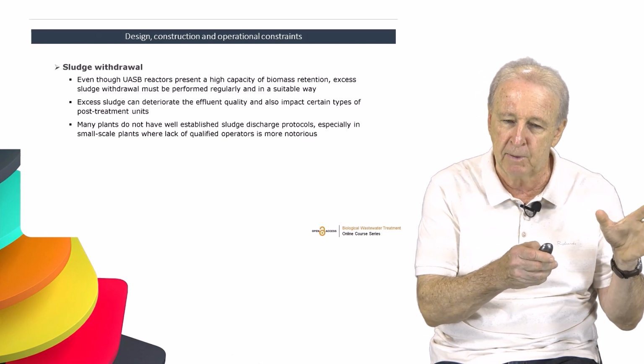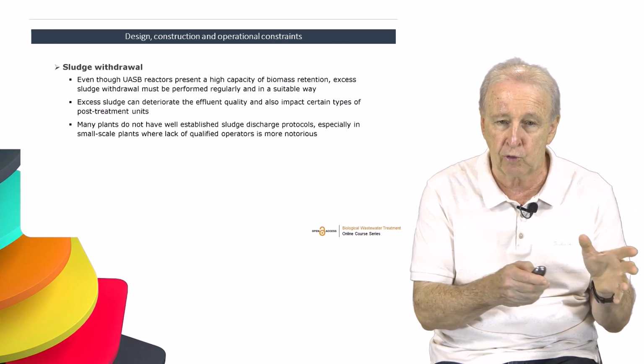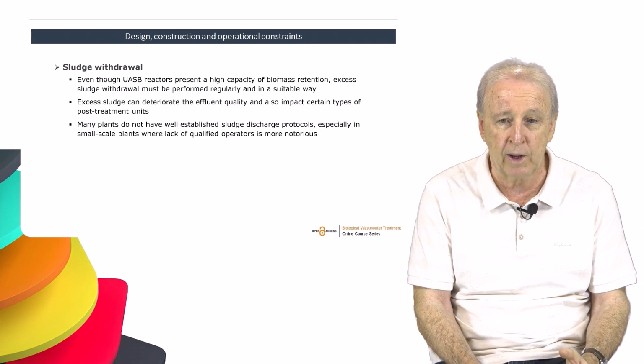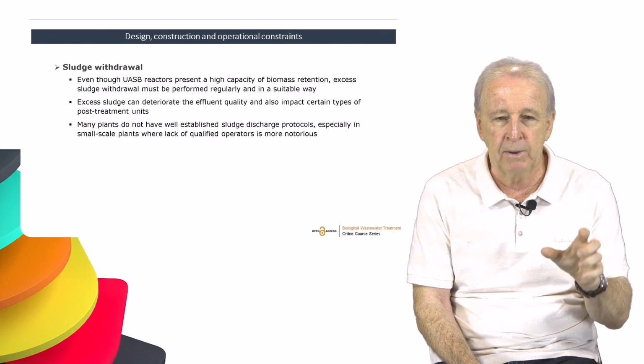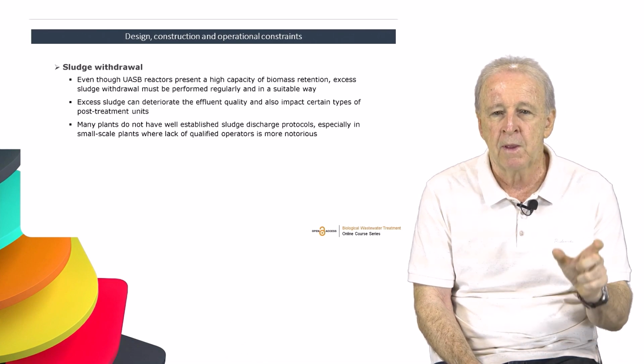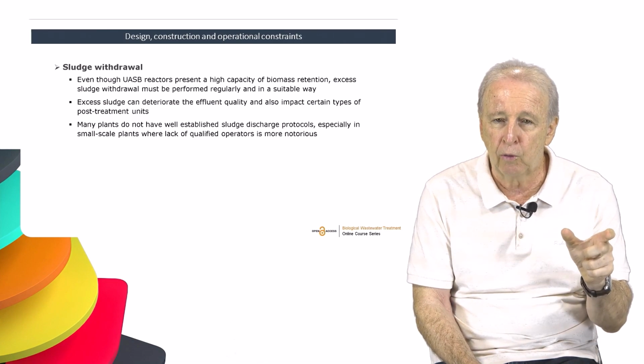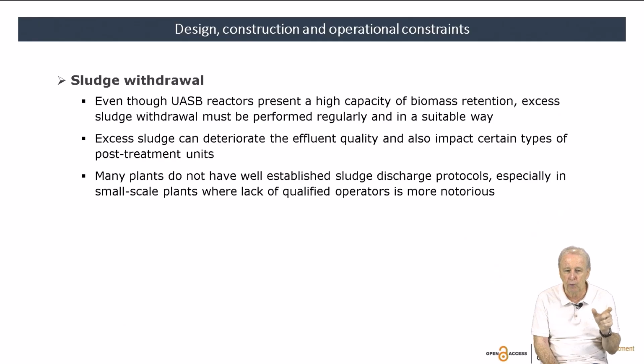It can be mechanized, it can be natural. Natural, I mean, for instance, sludge drying beds. Mechanized, for instance, centrifuges. Either solution is fine. But the protocols to define when and how much sludge should be discharged usually are not well established, and they should be.